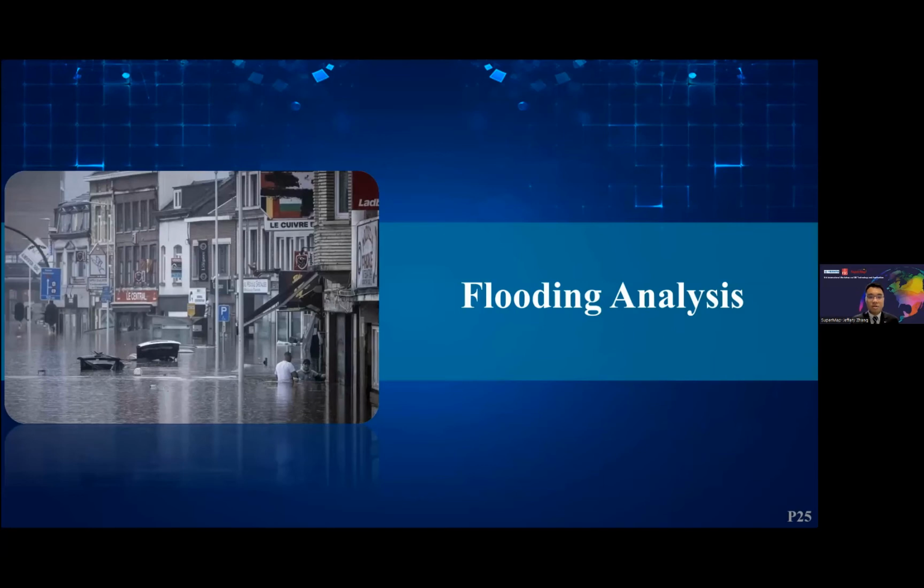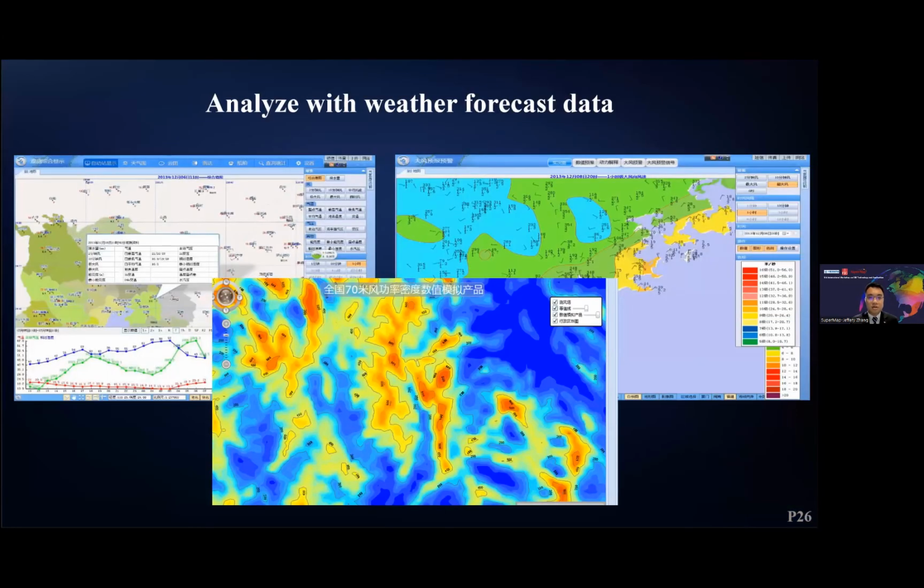And except the one map, we also provide you some ability to do analysis, especially for the water conservancy domain. So first is flooding analysis. For flooding analysis, the first step is to collect or connect some water forecast data, and we get the weather data, and we use this data to analyze the raining area and to do some prediction.